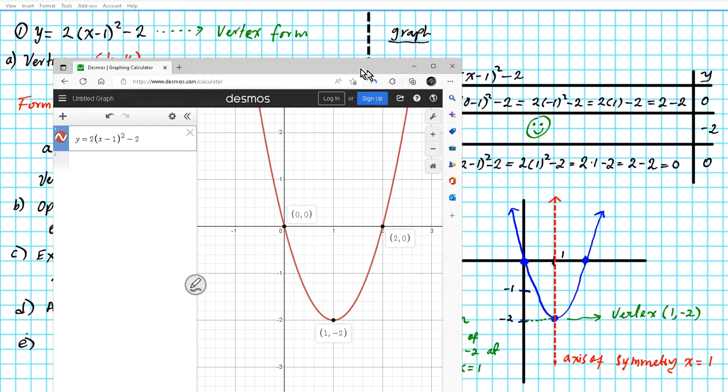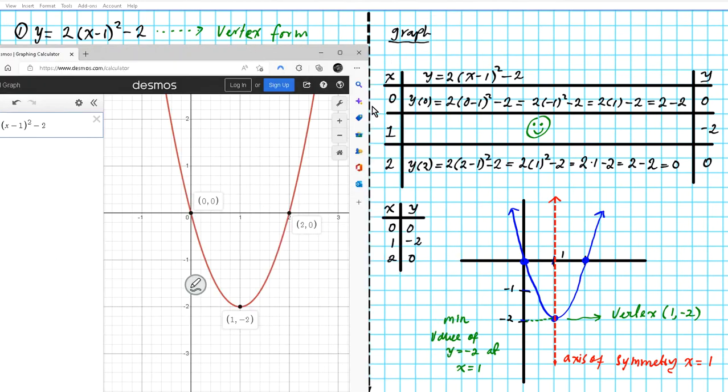So these are exactly the points that we have on our table. You see how we have (0, 0) for the first point? Okay, (1, -2), that's our vertex, as you can see here. And then (2, 0) is the other point on the other side of your axis of symmetry, equidistant from (0, 0) to the right. So this clearly shows that our answer is in fact correct.